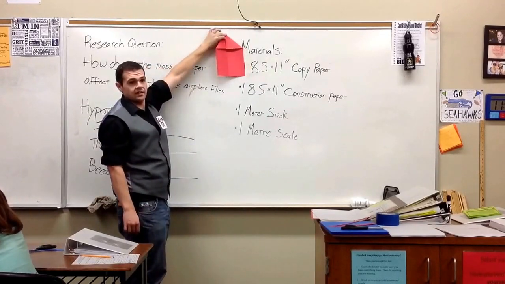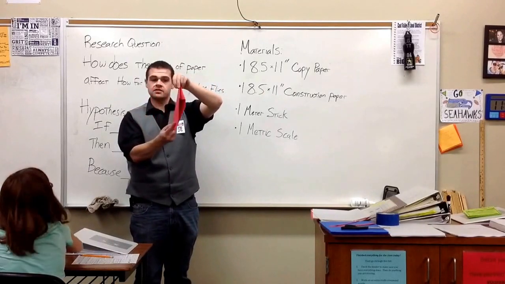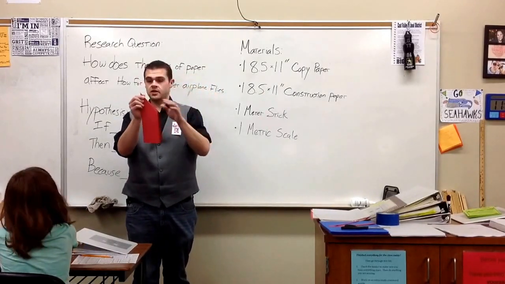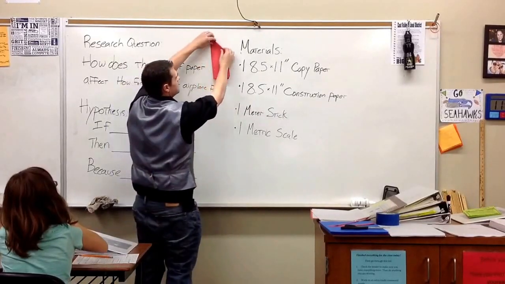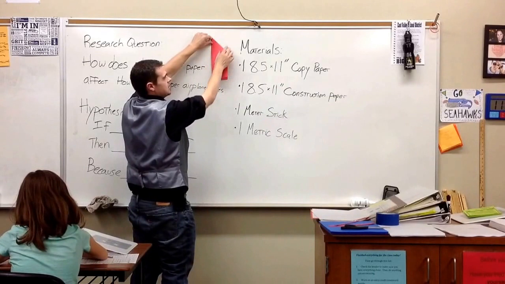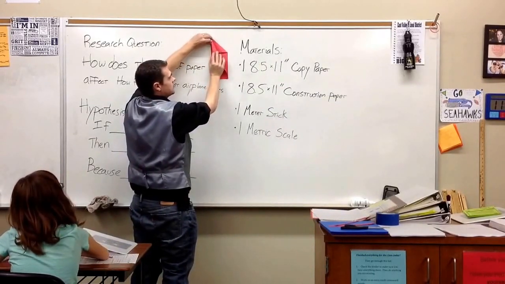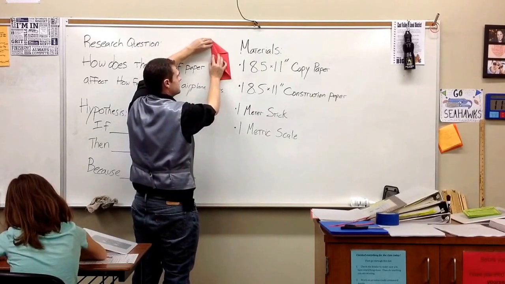When you're done with that, you're going to take your airplane, you're going to fold it in like this. And you're going to fold it one time so that this flat edge here goes flat to this edge here. So just watch for a second.